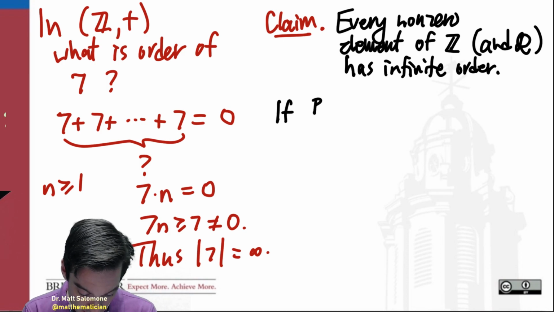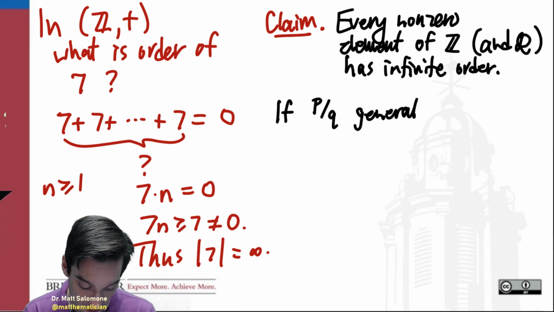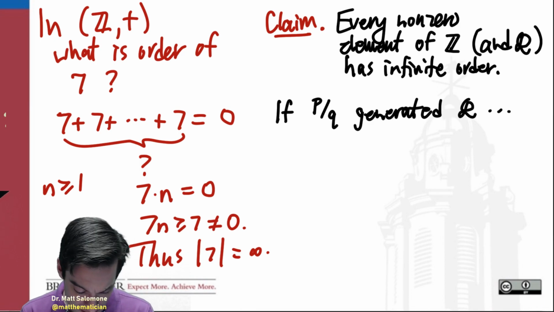So if P over Q generated the rationals, let's just work a quick example to see why weird stuff might happen. Let's say that my generator was 2/3. What is the cyclic subgroup generated by 2/3 going to look like?